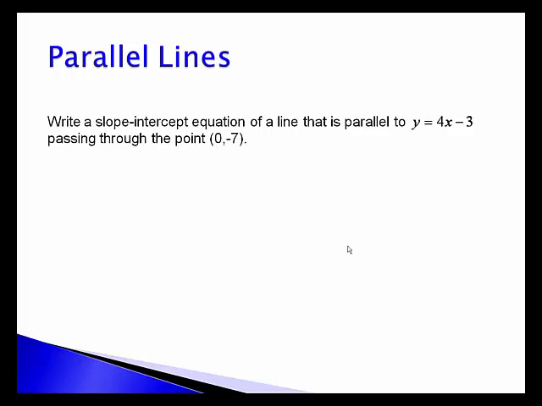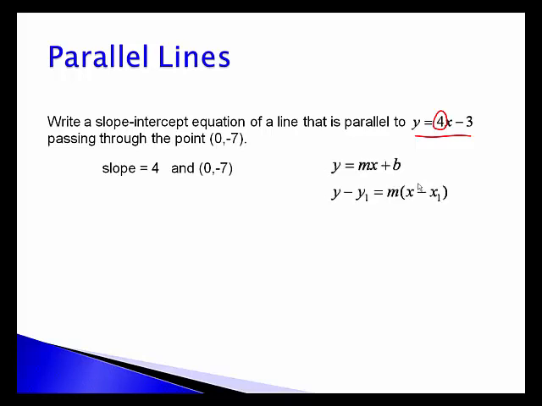If I want to write an equation of a line that is parallel to this line, what I need to know about this line is its slope. Well, it's a 4. If I want a line that's parallel to it, I want a line whose slope is also 4. So I could simplify what it is I'm trying to do by saying I am trying to write a slope-intercept equation of a line that has a slope of 4 and passes through the point (0, -7).